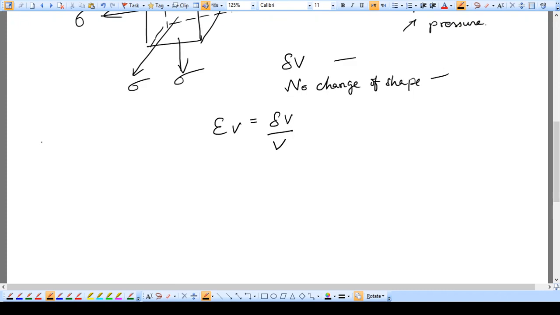We know that bulk modulus is equal to stress by volumetric strain.